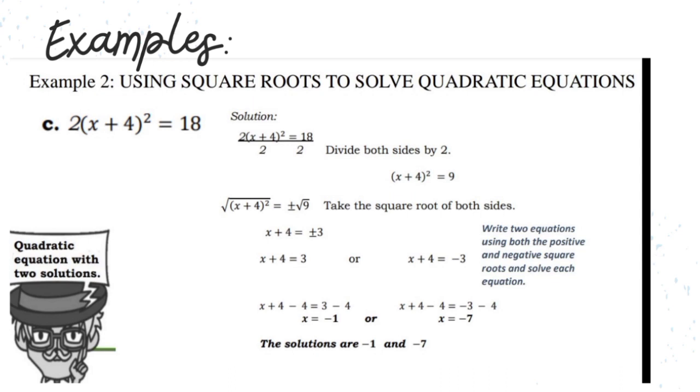We're going to transpose positive 4 to the other side. It will be x equals negative 3 minus 4, so x equals negative 7. So the final value for x sub 2 will be negative 7. So the final roots will be negative 1 and negative 7.